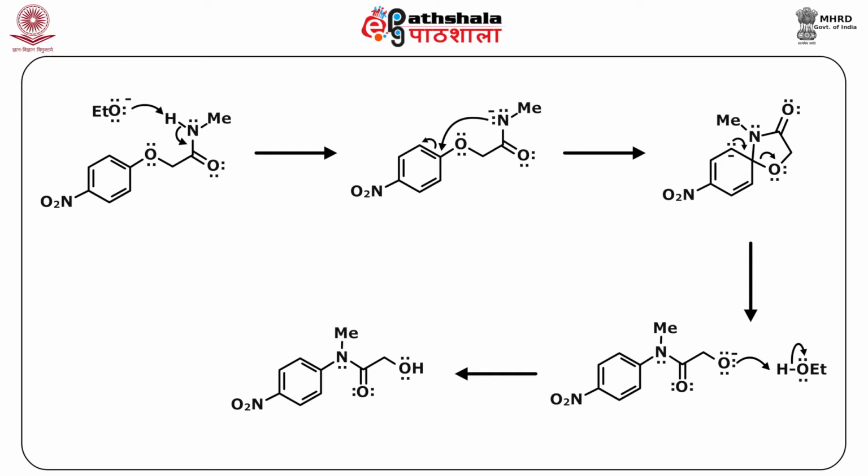Now notice students, in the mechanism of Smiles rearrangement, how the ethoxide ion is actually taking out the proton and making the end group amine act as a nucleophile, which further attacks the carbon which is attached to the oxygen, that is the ring carbon which is directly attached to the oxygen as a heteroatom. Then it is followed by the detachment of the ether oxygen from the ring.